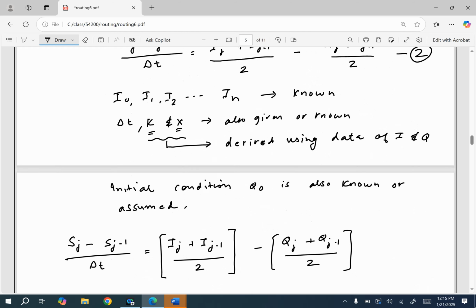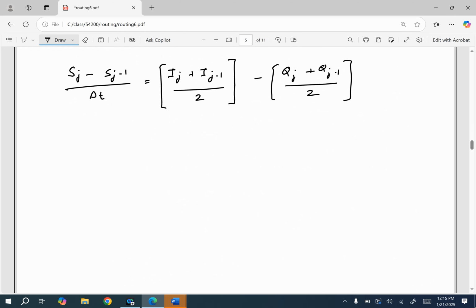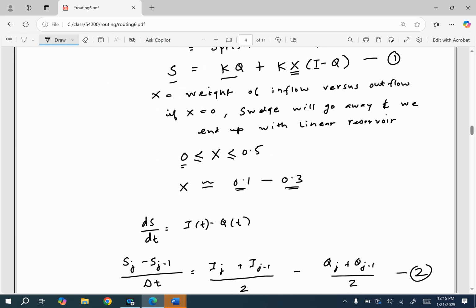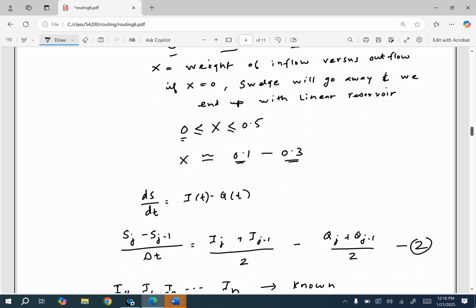Okay, so I'm going to go down. Let's simplify our storage expression. We have KQ plus KX times (I minus Q).